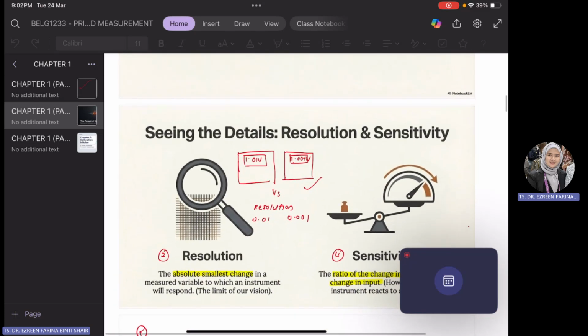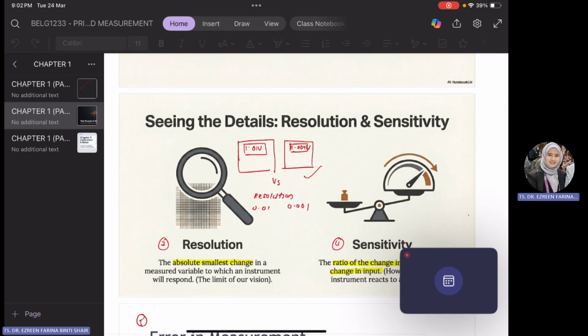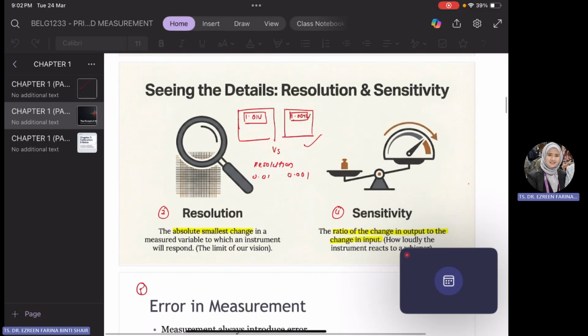The third characteristic is the resolution, which is the absolute smallest change that a measurement system can measure. Sensitivity is the ratio of the change in output to the change in input.